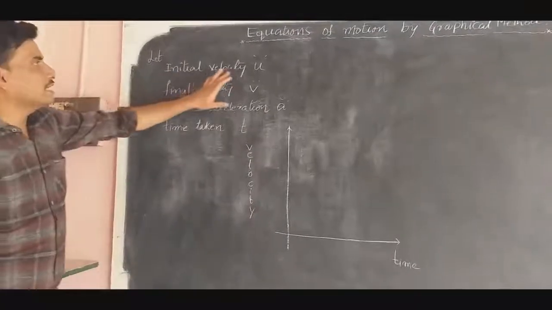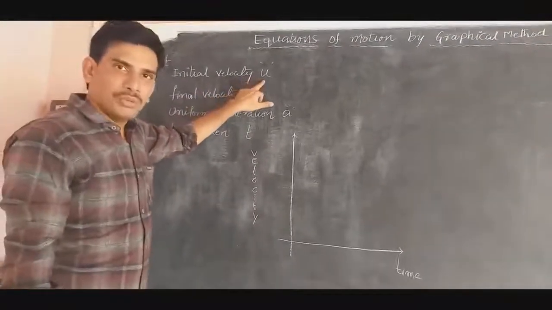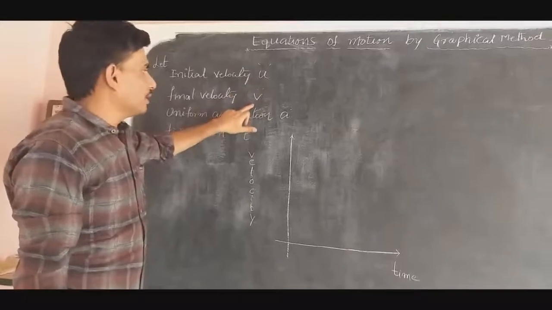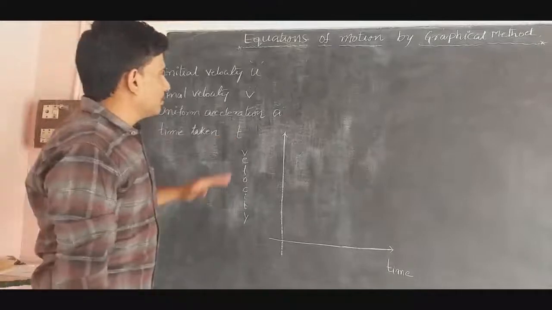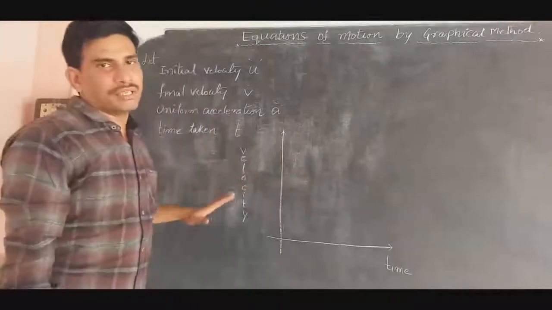Initially the object is moving with the initial velocity u, its final velocity is v, and the time is t.